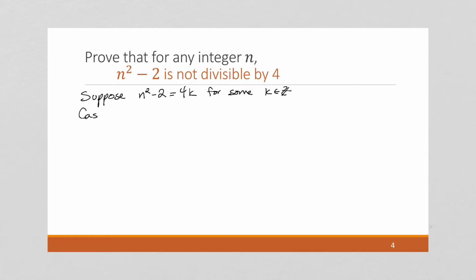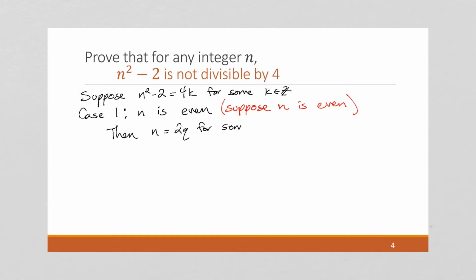Now, case 1. n is even. So we're supposing this. This could also be written as suppose n is even. Well, what does that mean? Well, if n is even, then n equals 2q, because we need to use a different variable. I can't use k again.